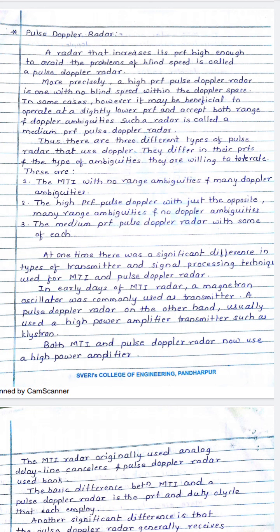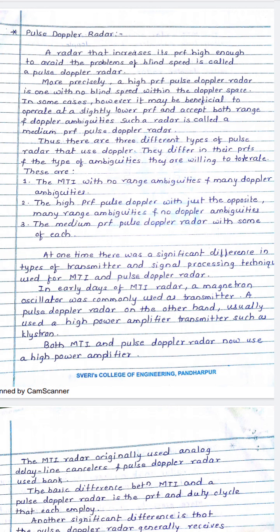Thus, there are three different types of pulse radar that use Doppler. They differ in their PRFs and the types of ambiguities they are willing to tolerate.